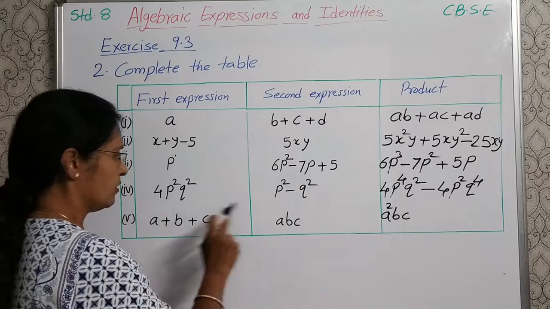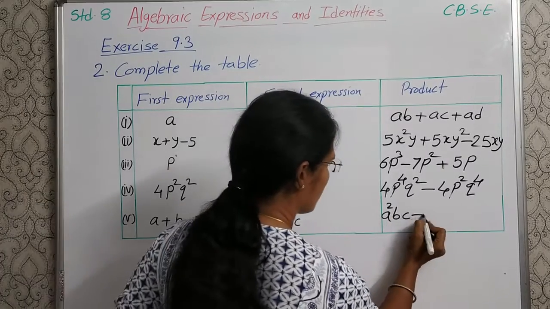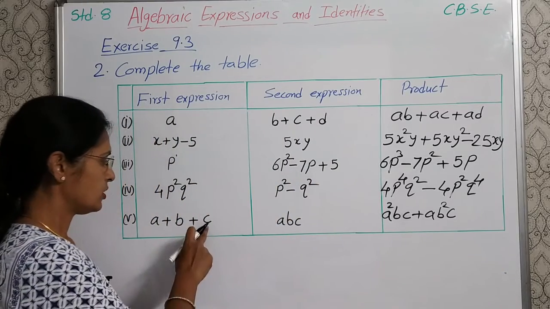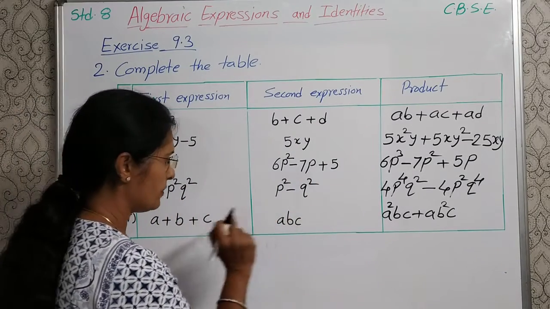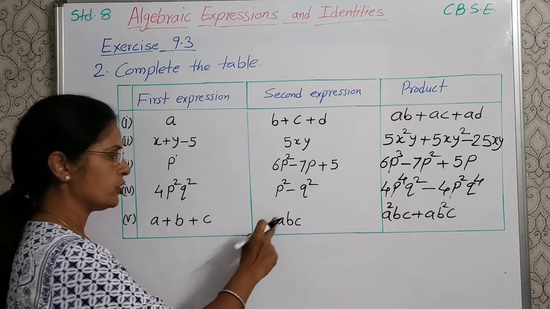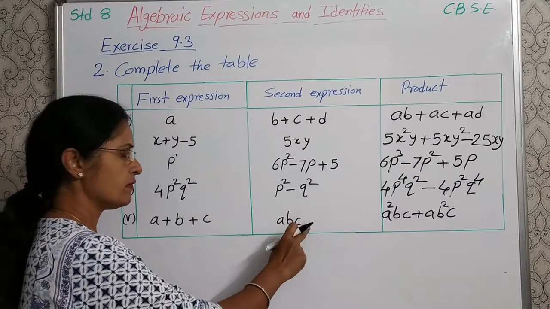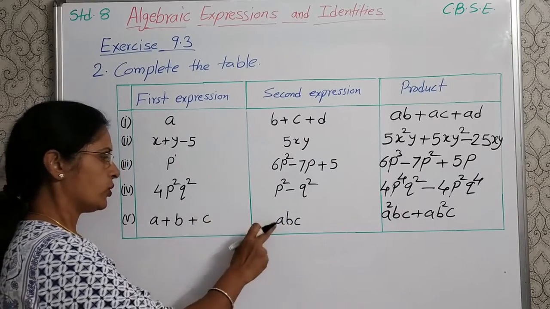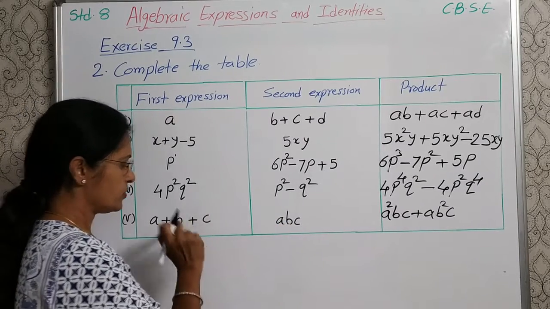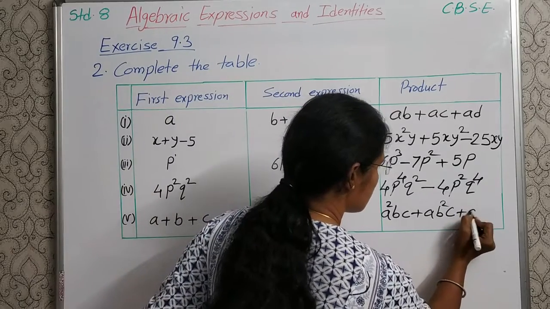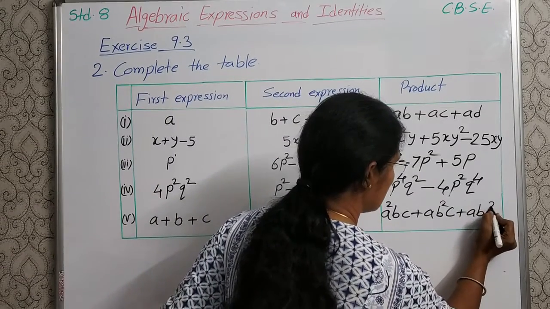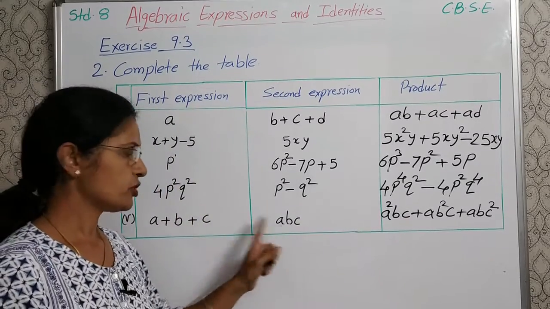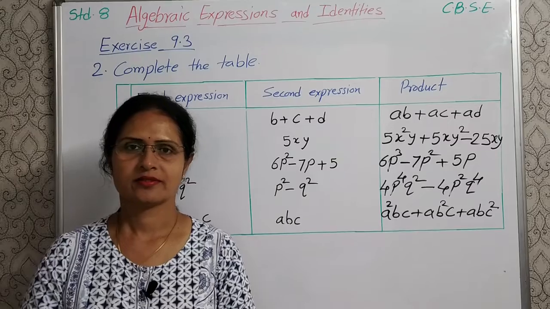So a b square c. Now third term c multiplied by abc. So plus c into abc, c into c will be c square and with this ab variable. So a b c square and this positive sign plus a b c square. So this is the product for the multiplication of these two expressions.